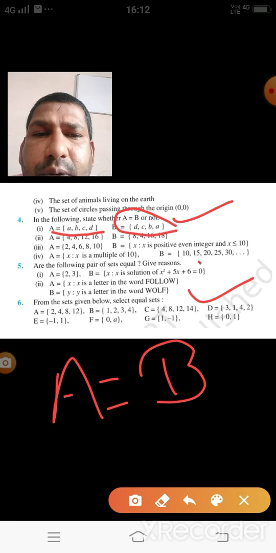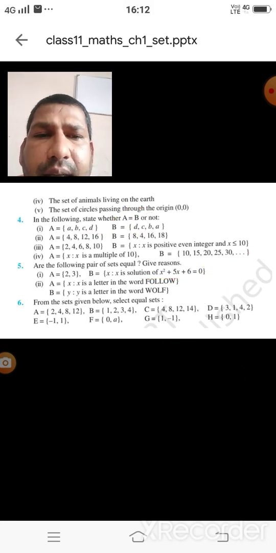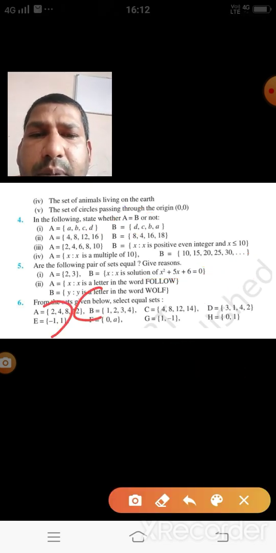And in question number 5 also, set builder form is given. We have to write down the elements, and here the equation is given: x square plus 5x plus 6 equal to 0.